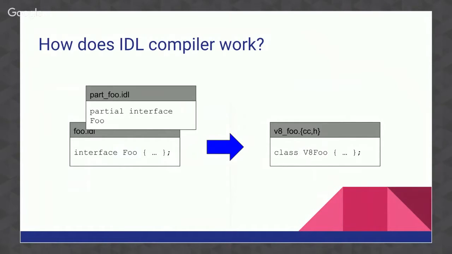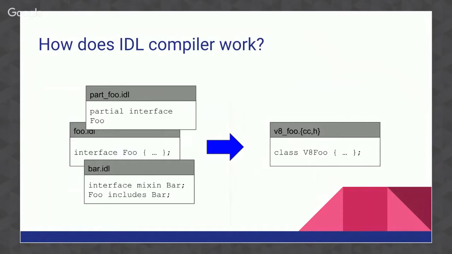And you may have another file that defines a partial interface. Then the partial interface is merged into the same class, and the output file is also one.